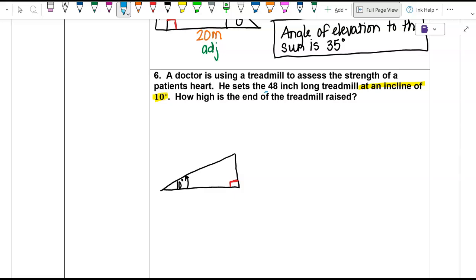The 48-inch long treadmill, it's going to represent the treadmill when it was laying flat, is 48 inches. And then they're asking us, how high is the end of the treadmill raised? So that's where our X is going to go.